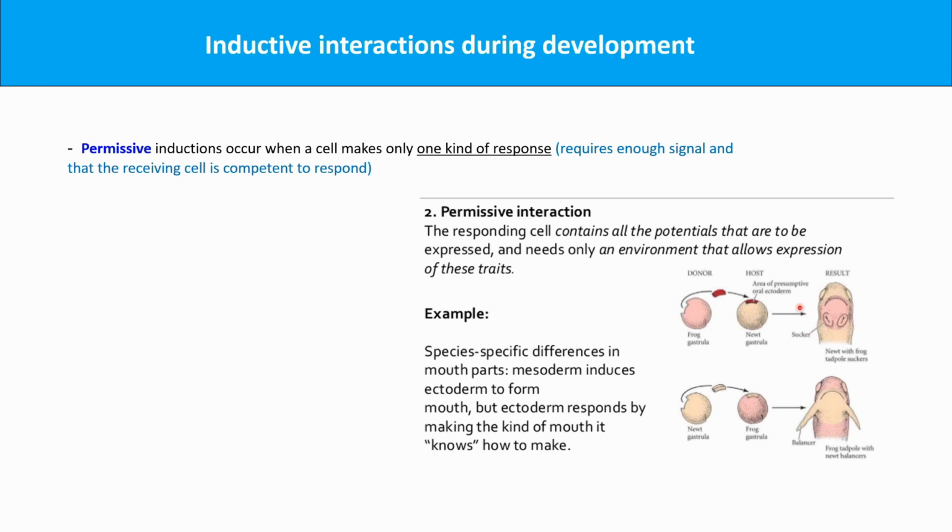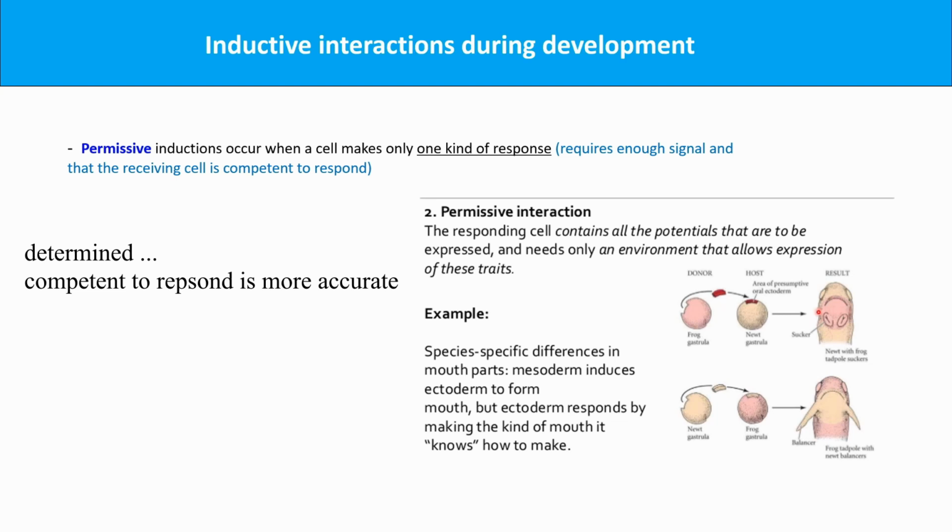Now these need a cue to develop and form these structures. If we take the frog mouthpiece area that we know is specified to become a frog mouthpiece and transfer it into the newt gastrula, it is induced to form these mouthpieces, but it's only forming the frog mouthpiece. So in a way, you could say it was already determined to become this.